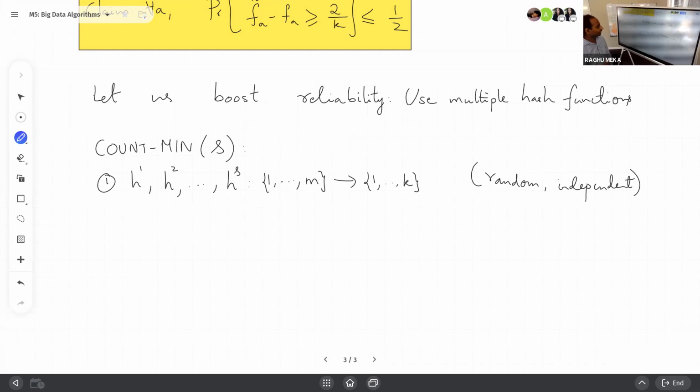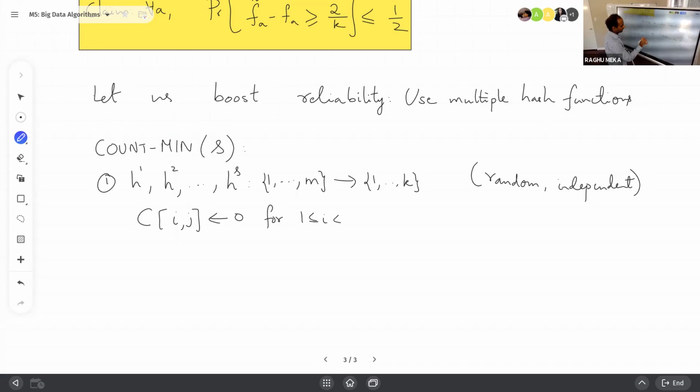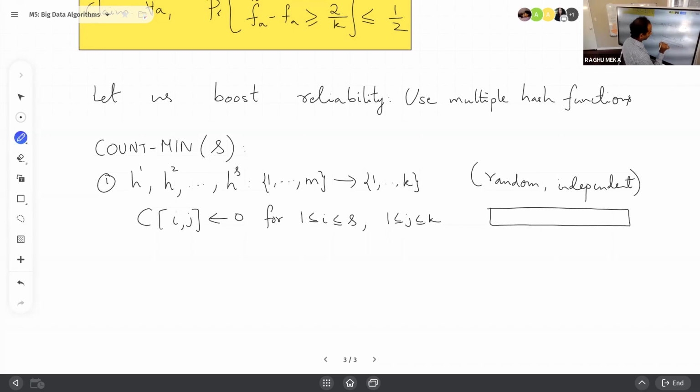And we will have k counters for each of the hash functions. Basically we'll have C_ij equal to 0 for 1 ≤ i ≤ S and 1 ≤ j ≤ K. Earlier we just had one row of counters.